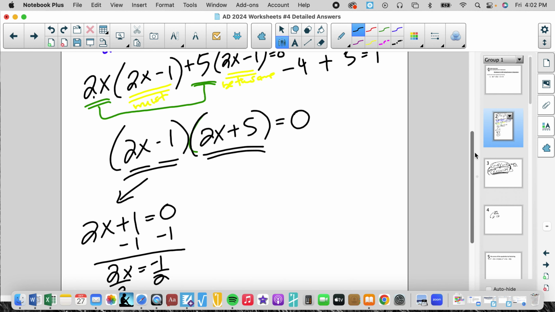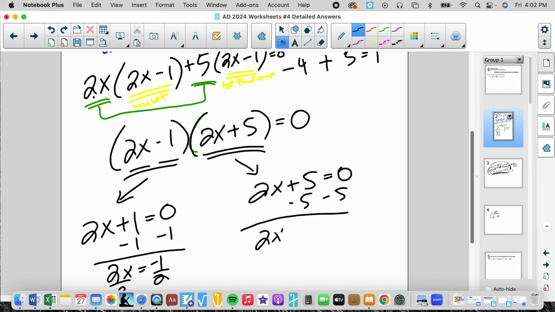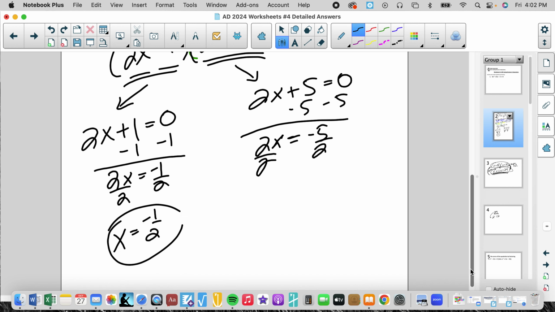And then if we set this one and we say, hey, what x value would make that box equal to 0? So we subtract 5, we get 2x equals -5, divided by 2, and we get x equals -5/2.